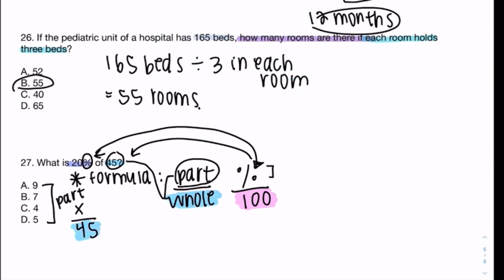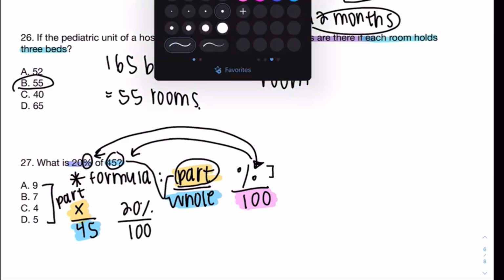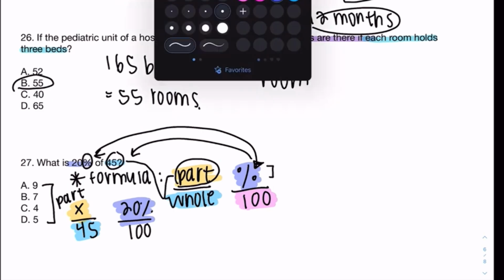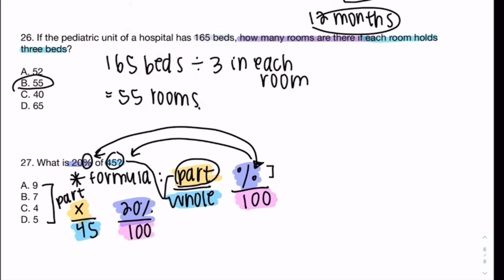X is what we're trying to find. And then, like I said, that 20% is going to go over 100. So there's where that 20% came in. And that 100 is always going to be there. Always, always, always.